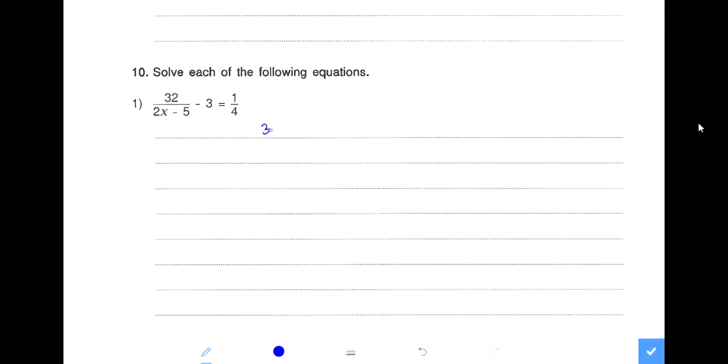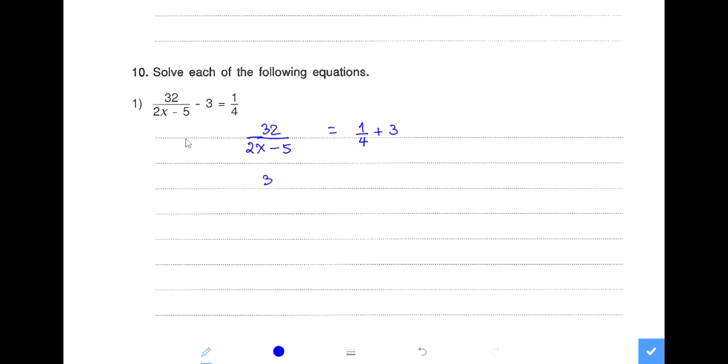I'm gonna write 32 over 2x minus 5, and I'm gonna move the minus 3 to the other side. So I have it equal to 1 over 4 plus 3.